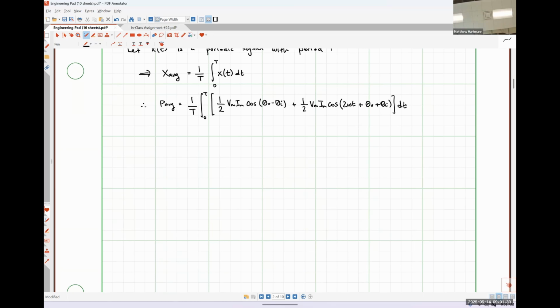To make the math a little easier, I'm going to compartmentalize things, or break this into two separate integrals, okay?